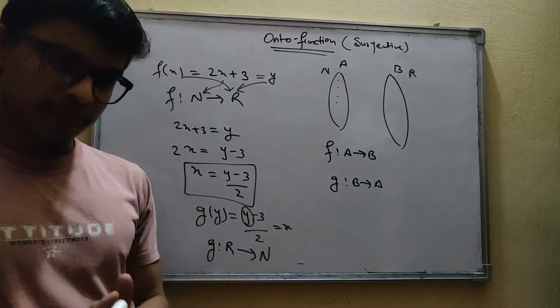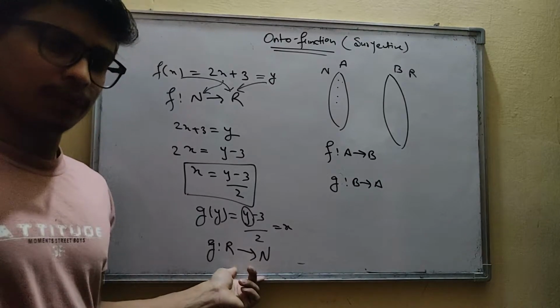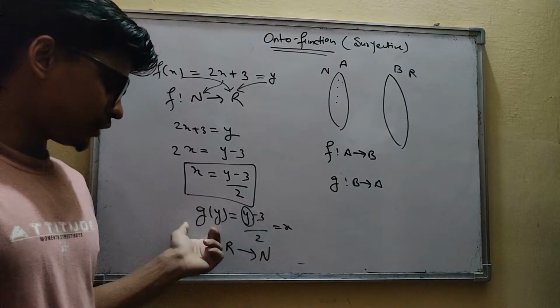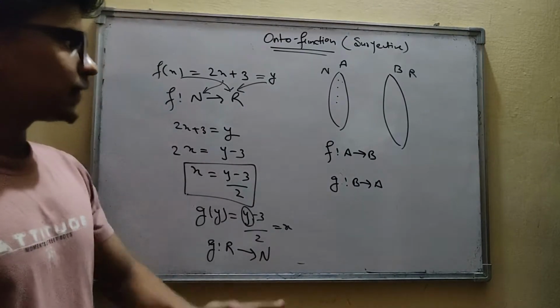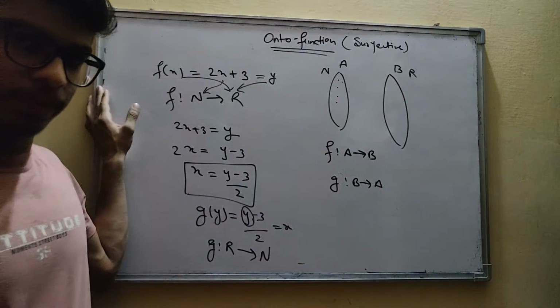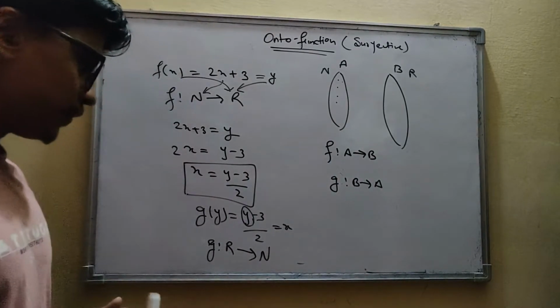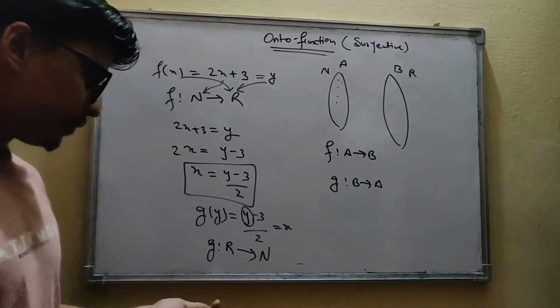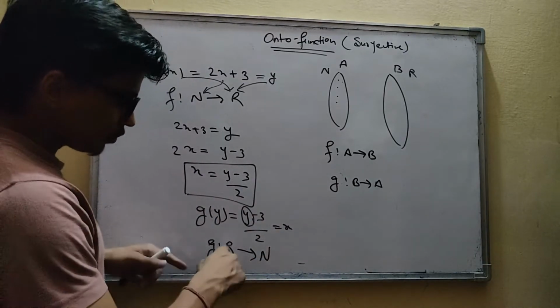Now if this holds true for this particular function, if this condition holds true for g(y), that means this function is onto, right? I will let you know what the importance of onto function in finding the inverse is, but for understanding that, you need to understand this first, right? So let's check.